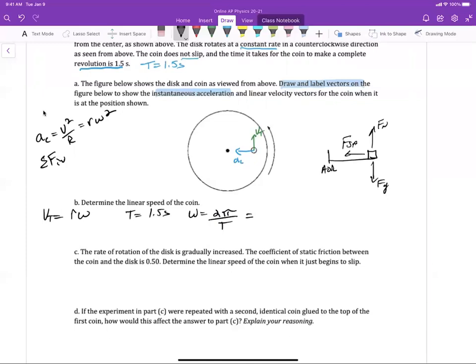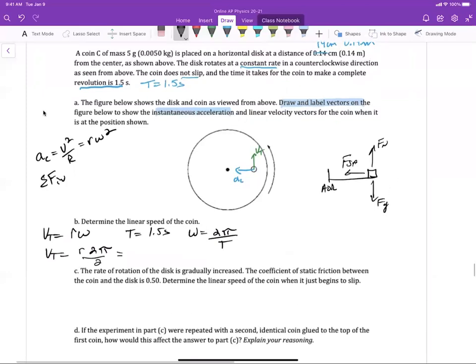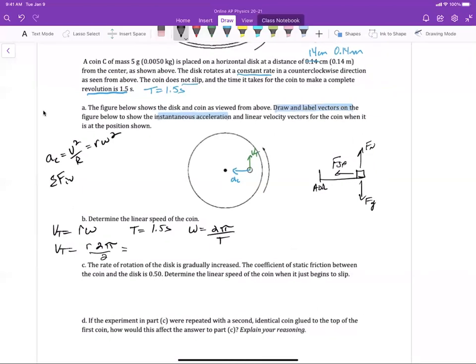So what is omega? Actually, let's just plug this omega into Vt. Vt is equal to R times omega, which is 2 pi over T. The R was given as 0.14 meters.